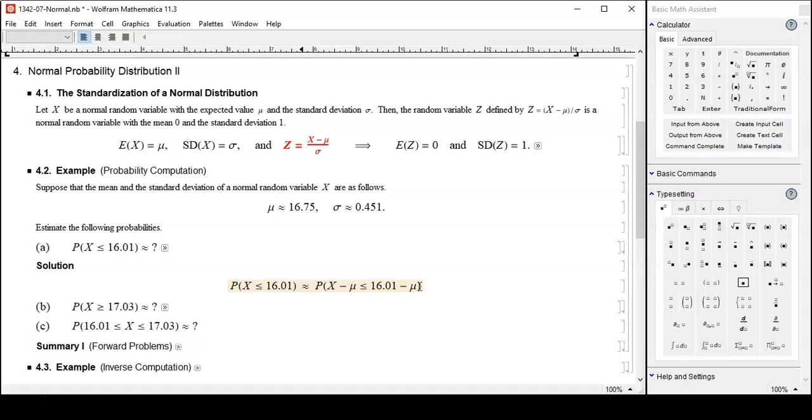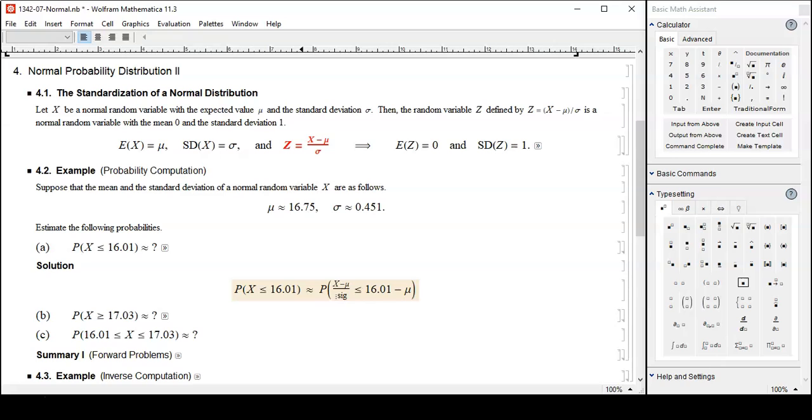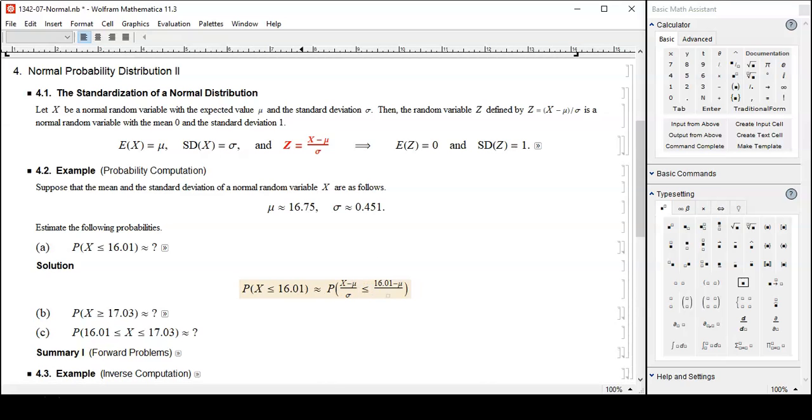Now here, divide both sides by the same positive real number, and I'm going to divide it by this. So what happened? I got x minus mu over sigma, and here I got, well, x minus mu over sigma, where x value is 16.01.